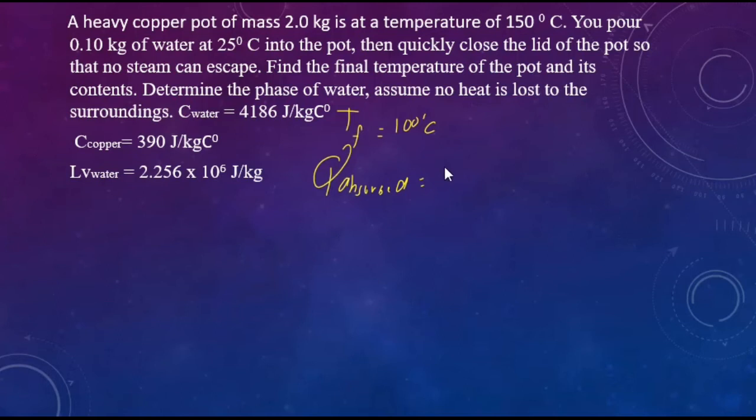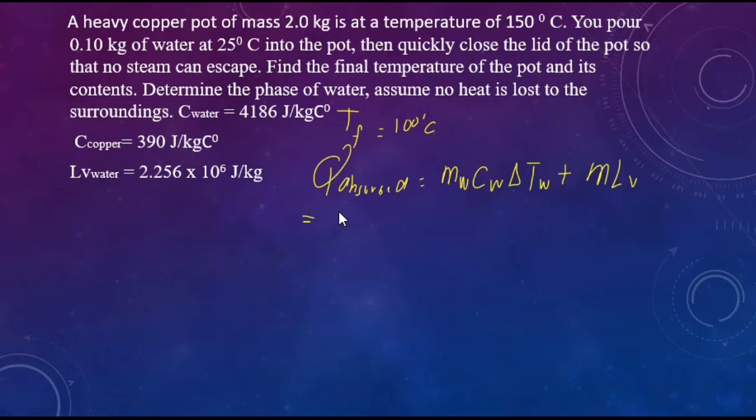So we have mass of the water, C of the water, and then delta T for the water. Then, since we are assuming that it's 100 degrees Celsius and then it has changed into steam, that will become positive mLV.